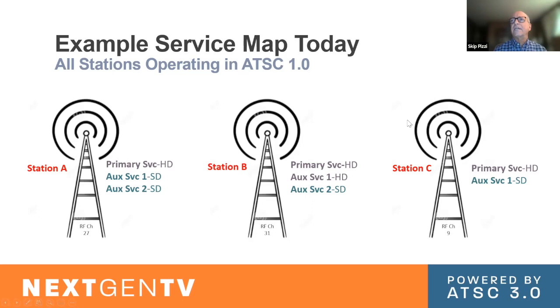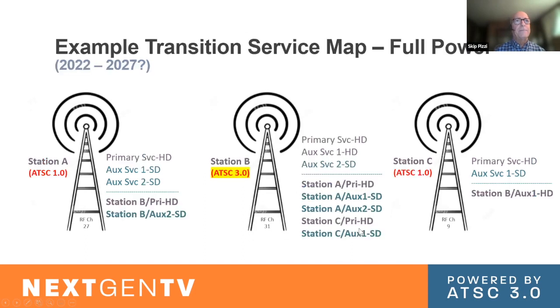But say, let's look at a 3 station group. That's a compromise between the pure minimum of 2 and the more typical 5+ larger lighthouses. Here's an example where they're all operating in 1.0 today. Station B goes 3.0. It has no trouble carrying all of Station A's services, both their primary and their multicasts.